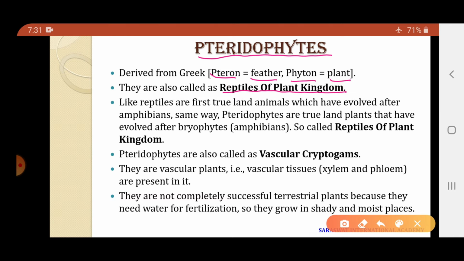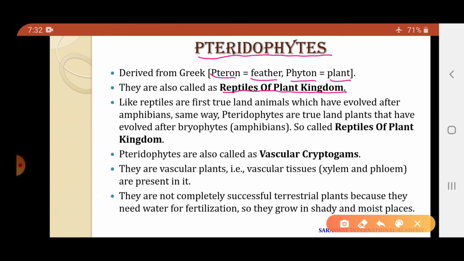So the pteridophytes are called the reptiles of the plant kingdom because they evolved from the bryophytes.